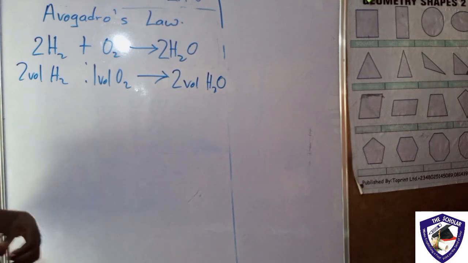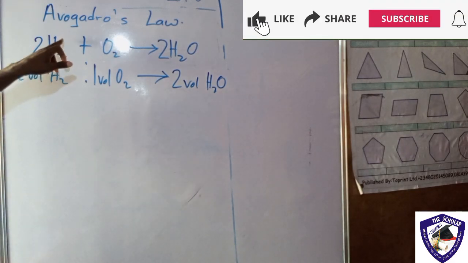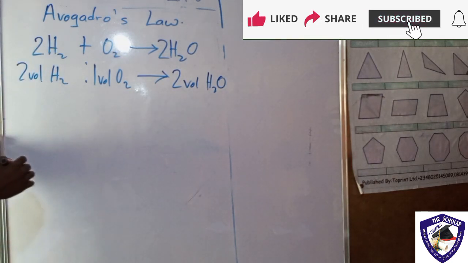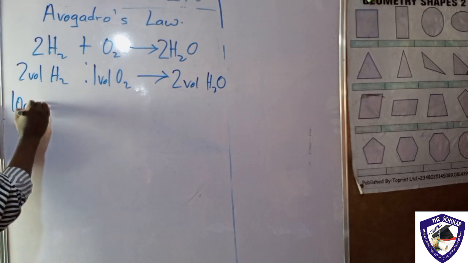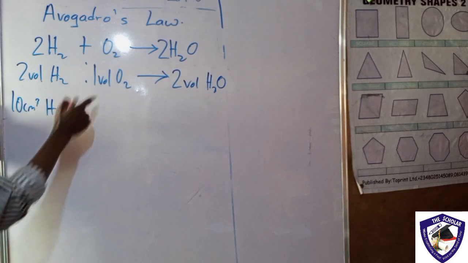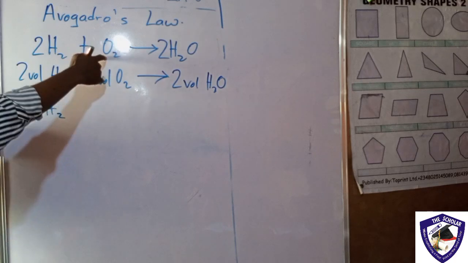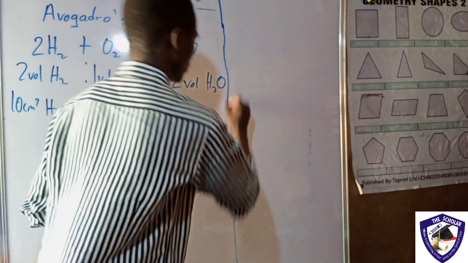Now we were given from the question the centimeter cube of hydrogen, right? The volume of hydrogen given is 10 centimeter cube. What about oxygen? We were not given. The question asked us to calculate for oxygen, right? Now, very simple. Let's calculate together.